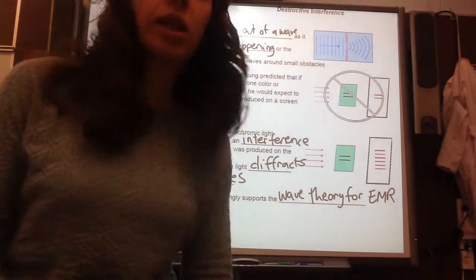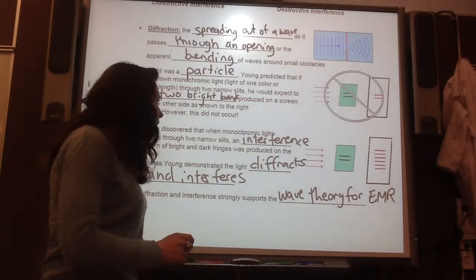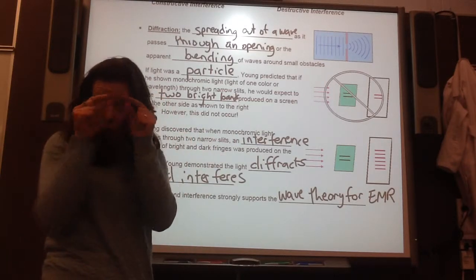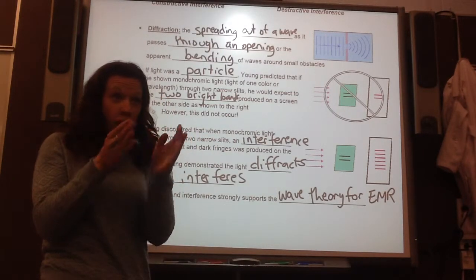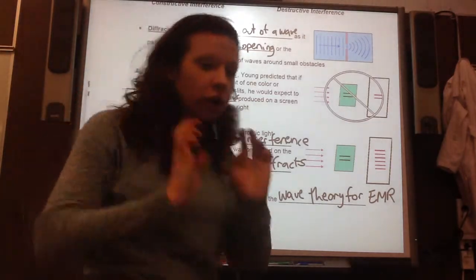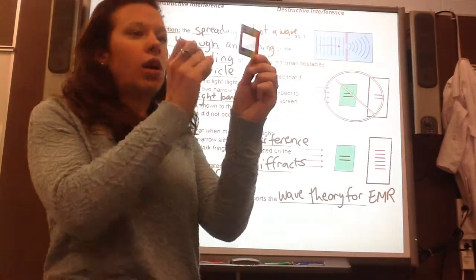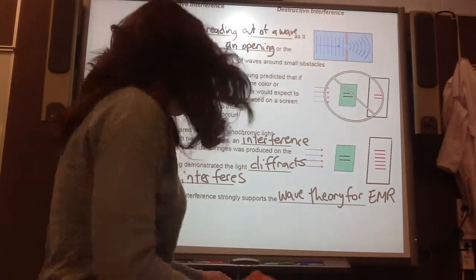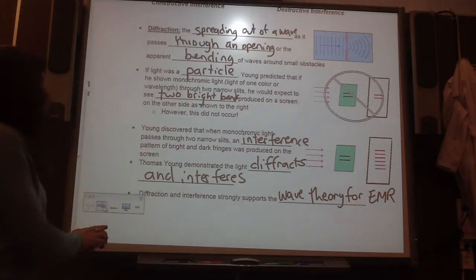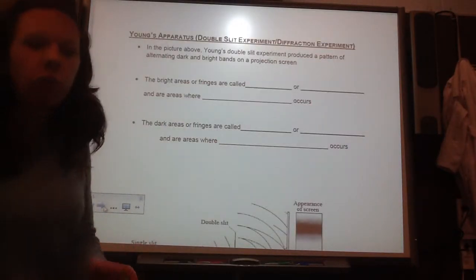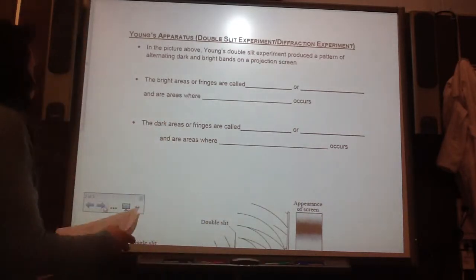Now, these slits that they're talking about are super tiny, okay? Not big spaces. With something like this, actually I'll wait till I get to the next notes to tell you about it. So this was what his experiment was like.